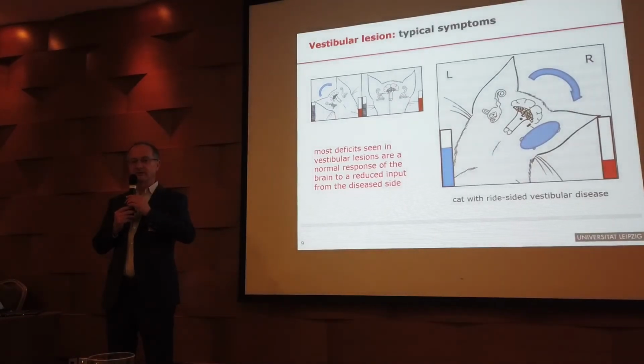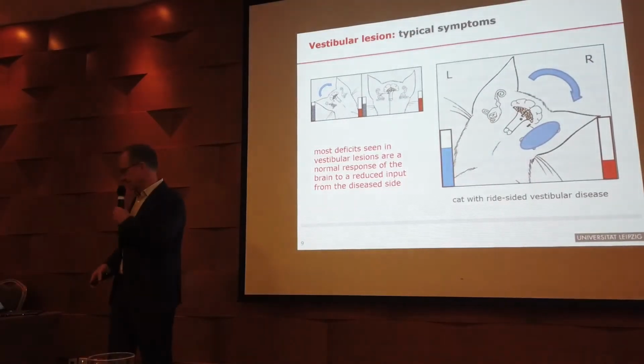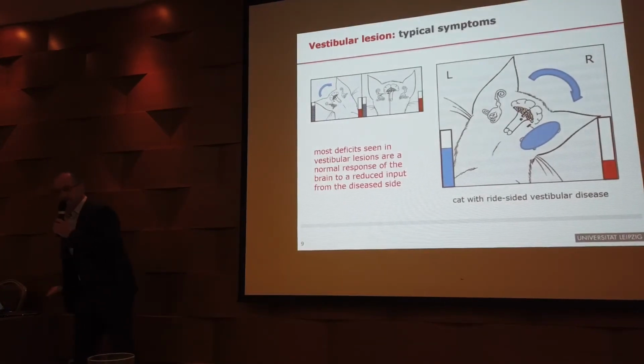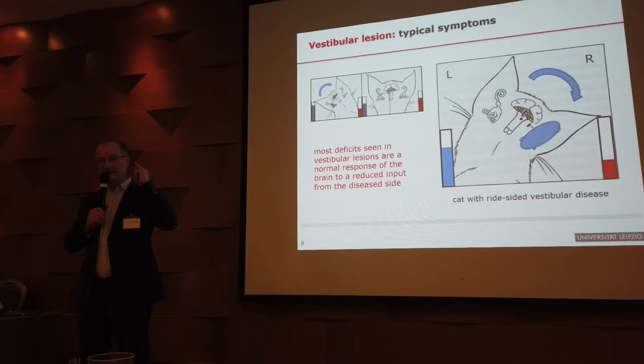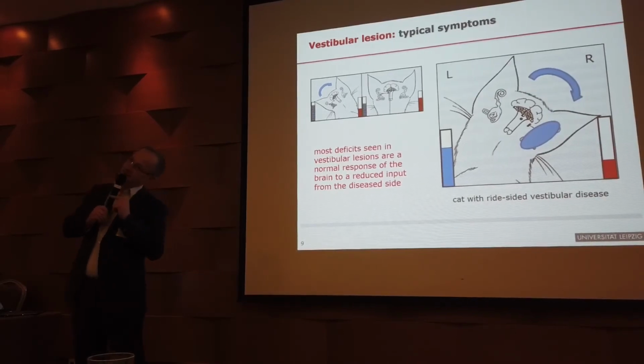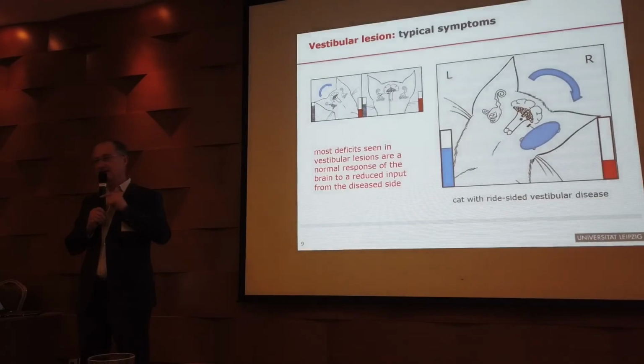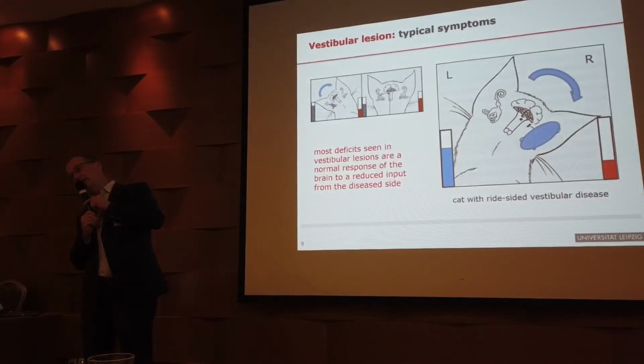Let's say the brain does not get any input from my right side. For the brain, it gets more input from the left side now. And that means for the brain, he is actually bending his head. That's what the brain believes. But I do not. I am upright. But the brain wants to correct this bending, and that's why I am turning my head to the other side. That's a normal response of the brain to the wrong input from that side.